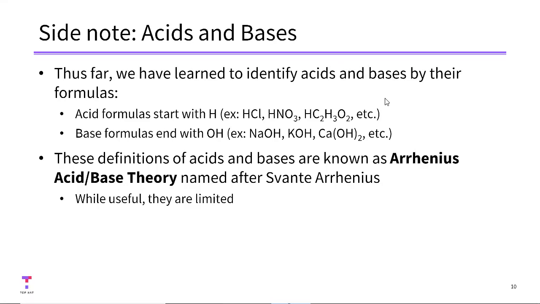And so while this Arrhenius definition does allow us to identify the common acids and bases, it doesn't really do much to help us identify the ones that aren't as common, but are still just as acidic or basic. So we need a better theory. We need a better model.